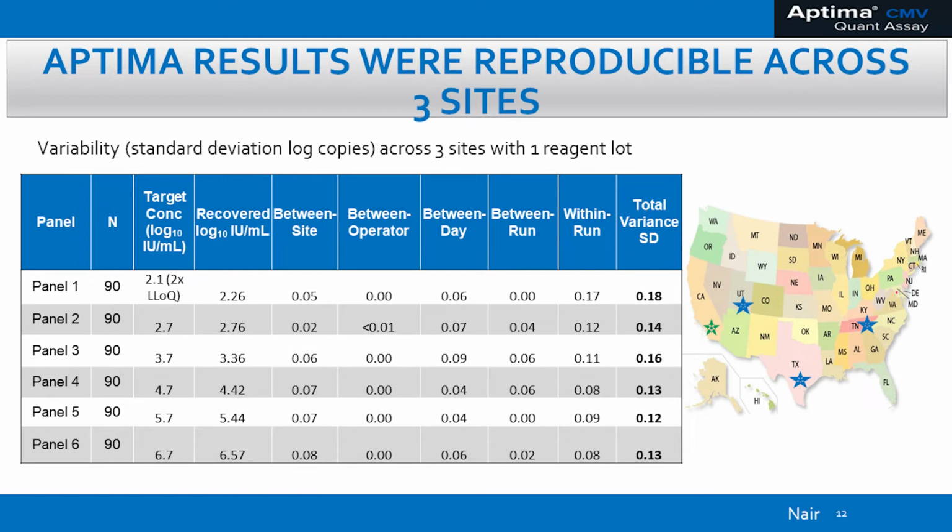Now, to take it a step further, it's the same panel that was used by Dr. Harrington's team for testing at the external site, and they also got the same results with this panel, and we've also rolled it out across various sites in Europe to get the same results.